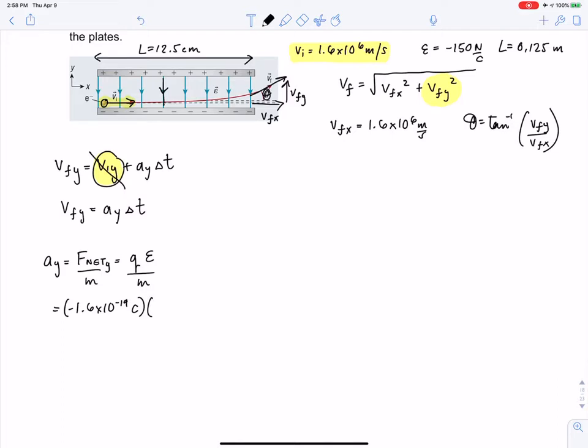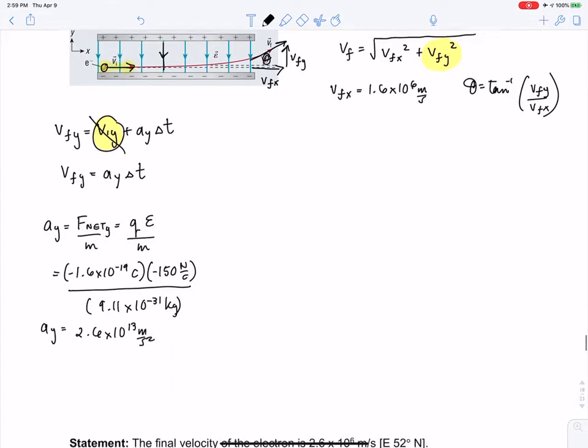We know the electric field has a magnitude of negative 150 newtons per coulomb because we're dealing with an electron. And the mass of the electron is 9.11 times 10 to the power of negative 31 kilograms. We can find the acceleration in the y direction by simplifying, and we end up with 2.6 times 10 to the power of 13 meters per second squared.